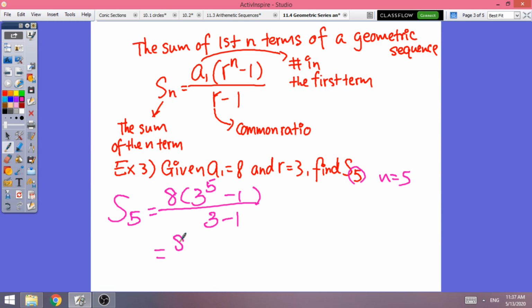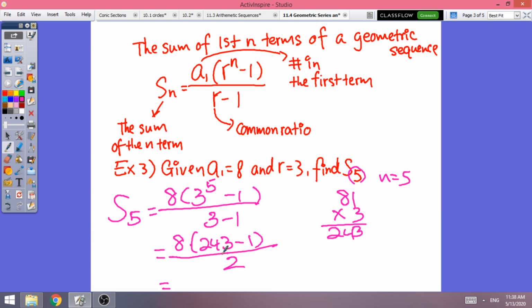So what we got here is 8 times 3 to the power of 5. 3 to the power of 3 is 27, 3 to the power of 4 is 81, and 81 times 3 is 243, minus 1, all over 2. Using PEMDAS, parentheses first, after the exponent.